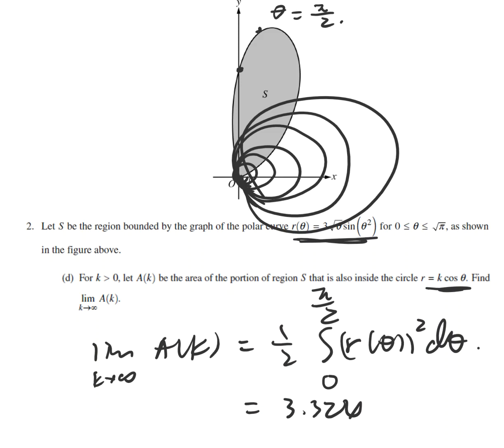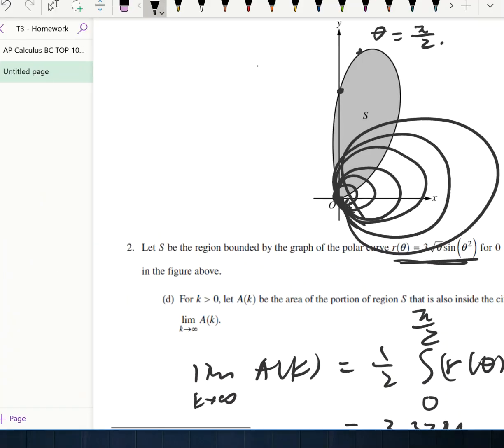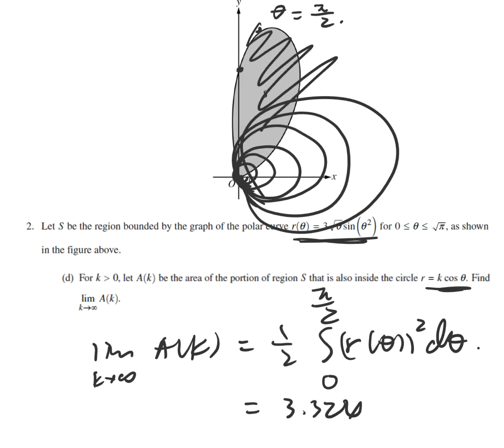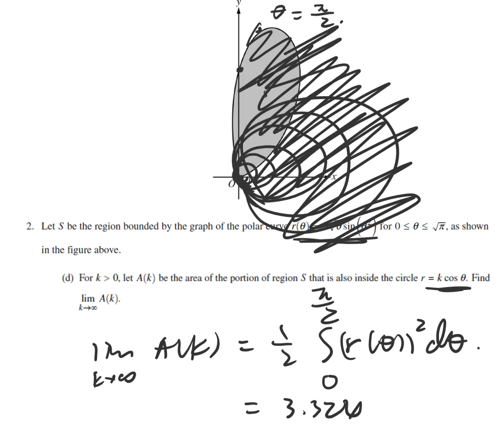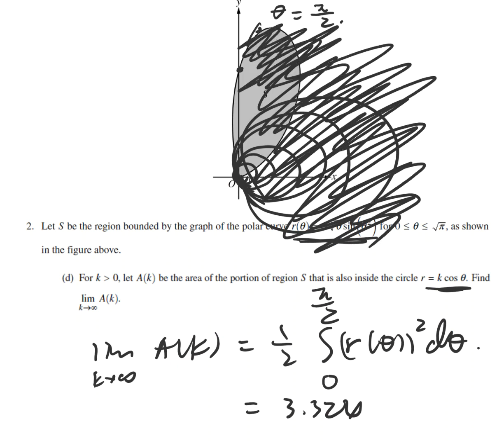So as k approaches infinity, this circle is going to include the whole area to the right side of the y-axis, the positive section of the x-axis. So the whole area on the right side of the y-axis will be the area for the circle.